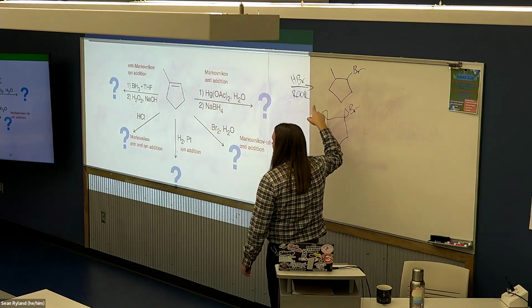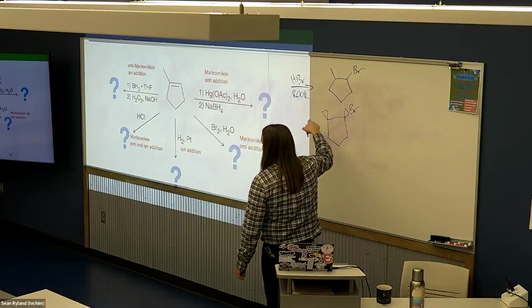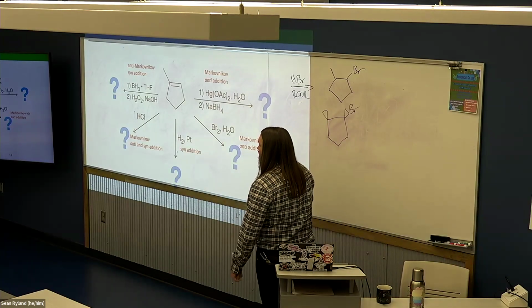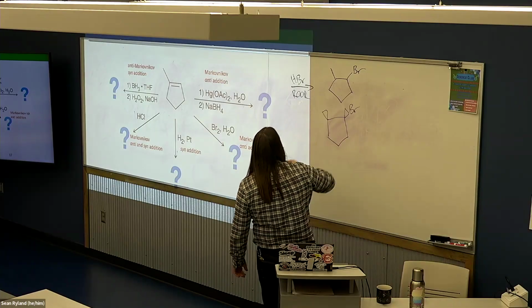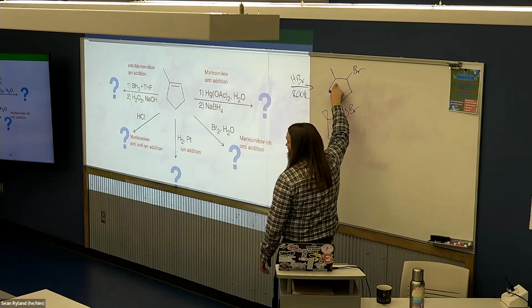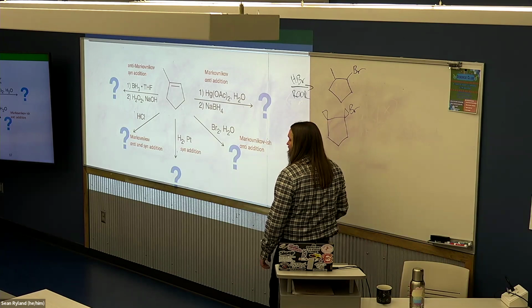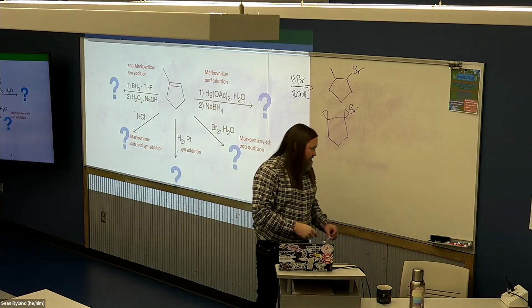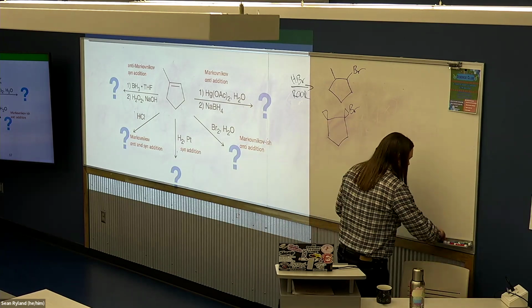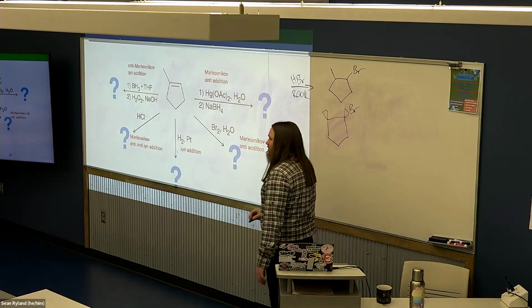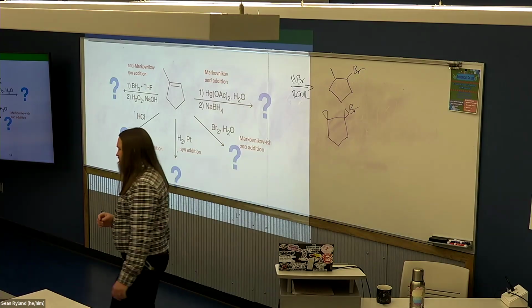Methyl down, bromine down. Methyl down, bromine up. So you're getting 4 stereoisomers in this case, because you make 2 chiral carbons, and it's not specific at all about how that's done. So you're going to get all possibilities, plus all stereoisomers.